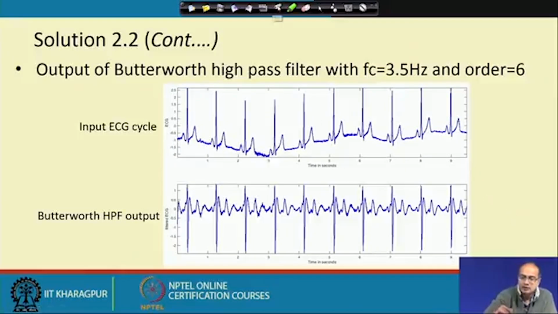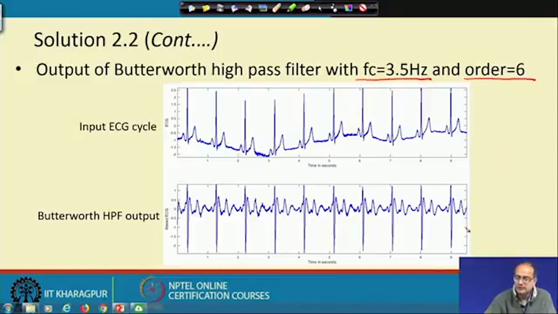Next, we keep the model order the same at 6 and push up the cutoff frequency to 3.5. Again we are successful in removing the baseline artifact, but the distortion is becoming more, though the oscillations are not symmetric. It looks as if the QRS complex that was there earlier is about to be inverted.